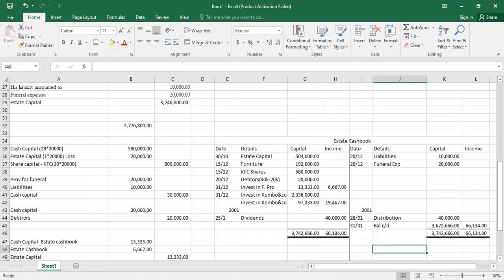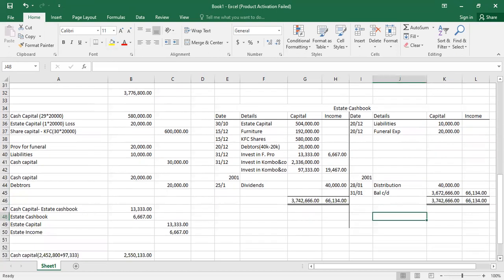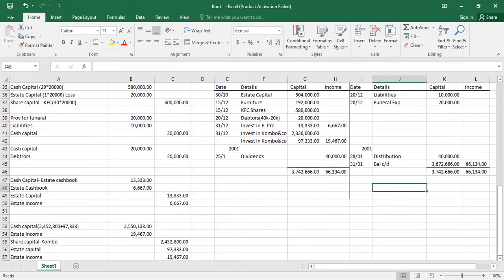That is the estate cash book. Can we do the estate? The other one is the estate income. Estate income account. Right?